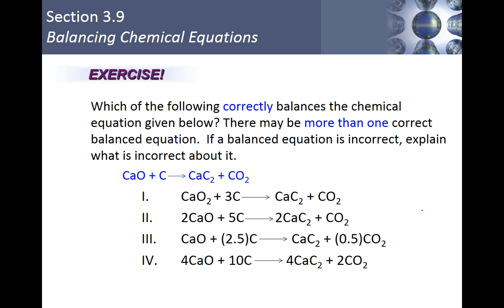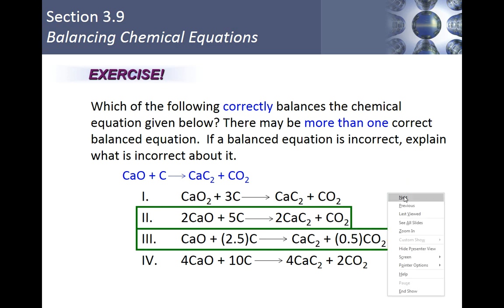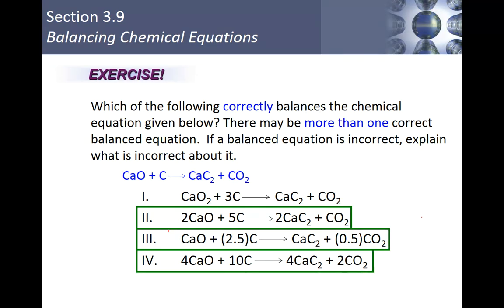Okay, so looking at this question, it's asking which of the following are correct. If you were to have done this, you'll see that there are multiple answers. So you have that, you have 3 and 4. The reason being, we don't ideally want to put decimals present, but this is not untrue. So these are all following the law of definite proportions.